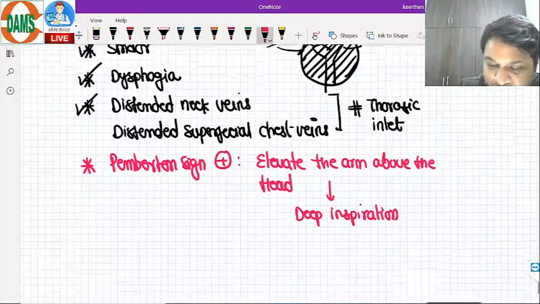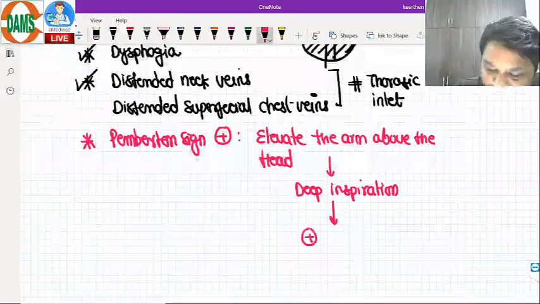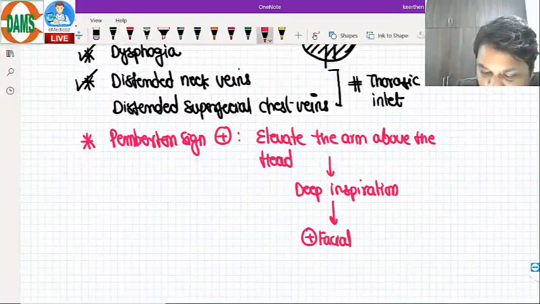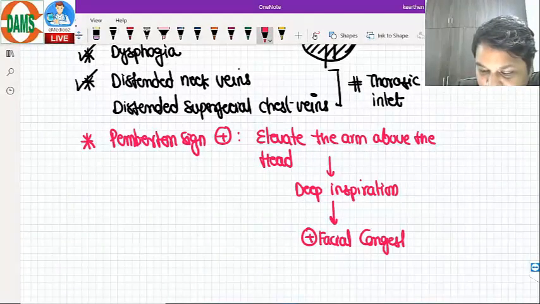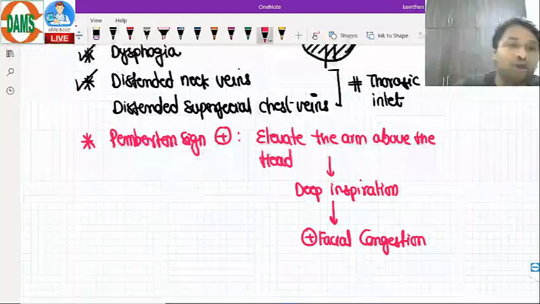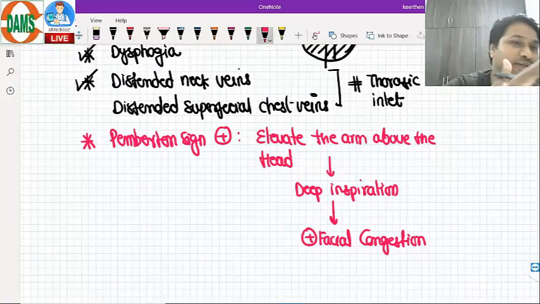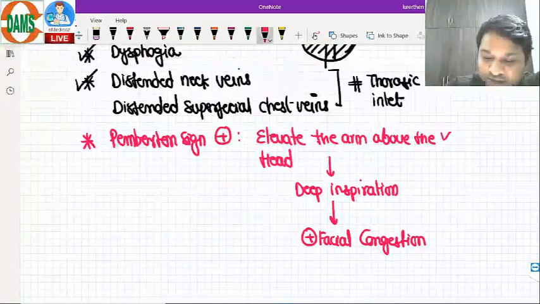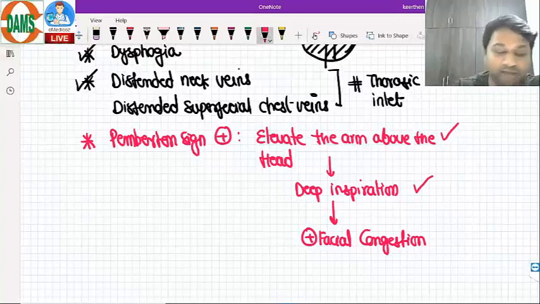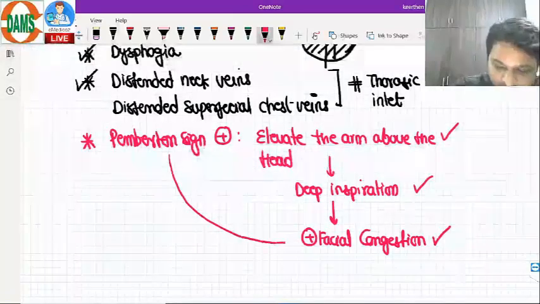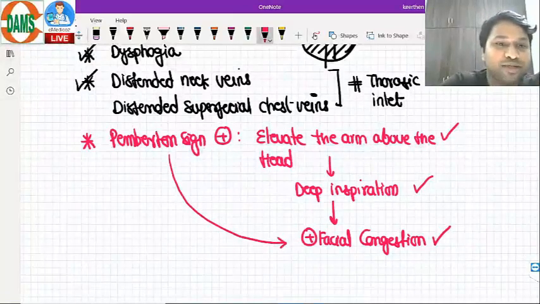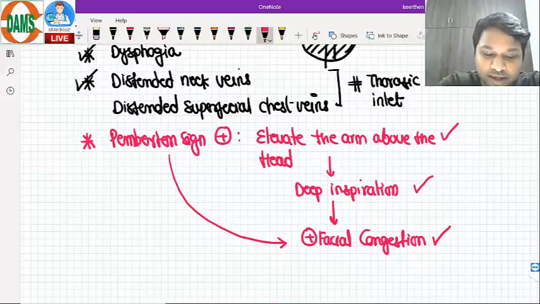After a while, you will see facial congestion, as elevating the arm further obliterates the thoracic inlet. The vascularity gets further compromised, hence the congestion. Presence of facial congestion while doing this is called a positive Pemberton sign, and this has been a previous exam question.